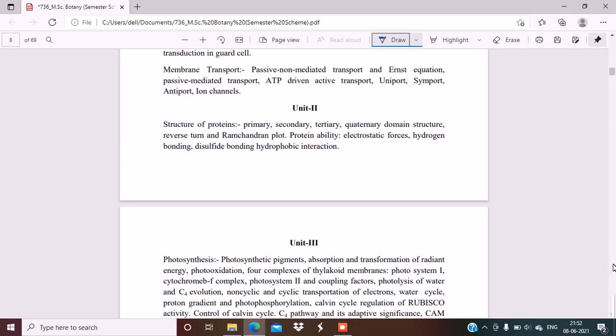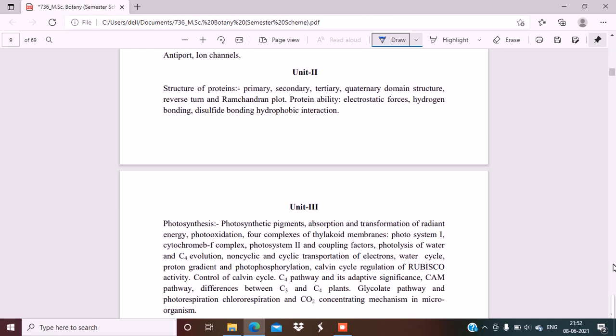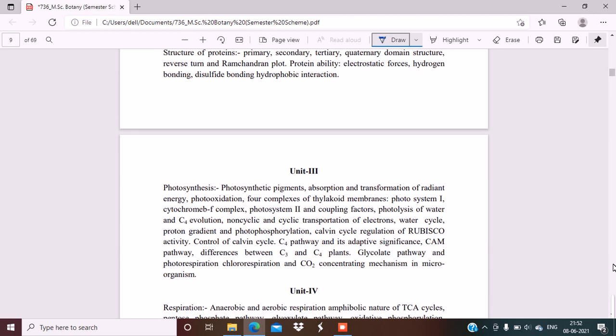So first study from Pradeep's A Textbook of Biology of class 11th and 12th. Then refer to the books of foreign writers Salisbury and Ross, or Fundamentals of Plant Physiology by V.K. Jain. That will clear your concepts.